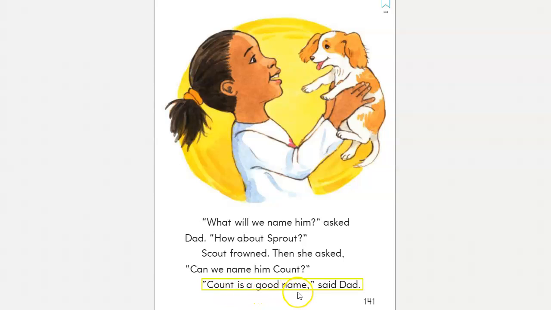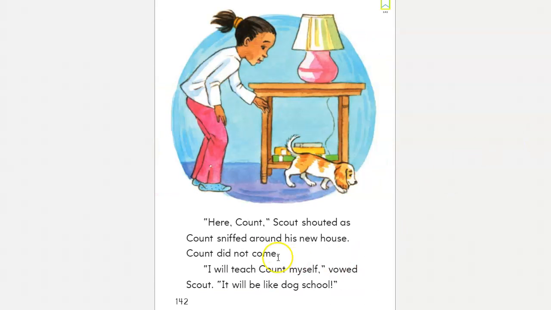Count is a good name, said Dad. Here, Count, Scout shouted as Count sniffed around his new house.